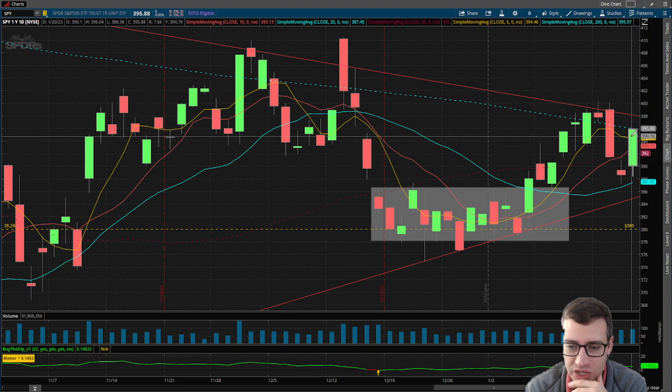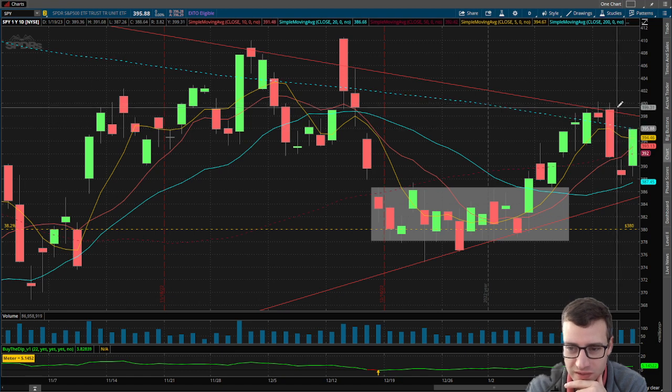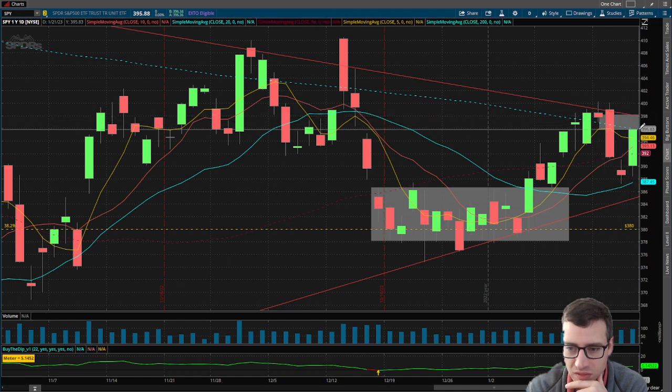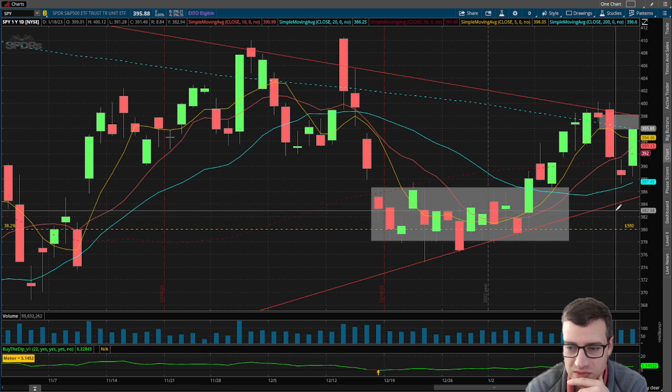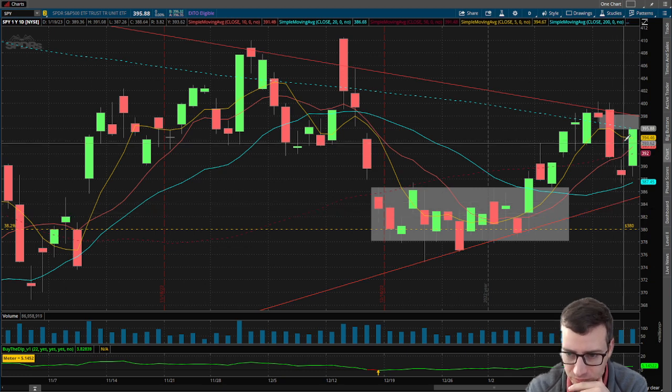Now, we had a very bullish candle on Friday, closing at its highs, but closing below the 200. So right now we've got this area right here that is important.